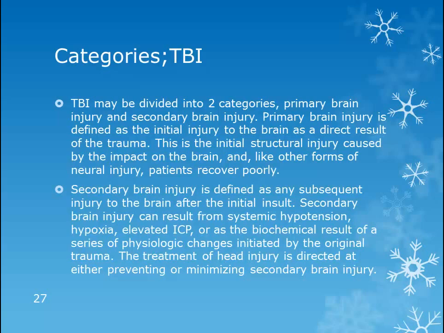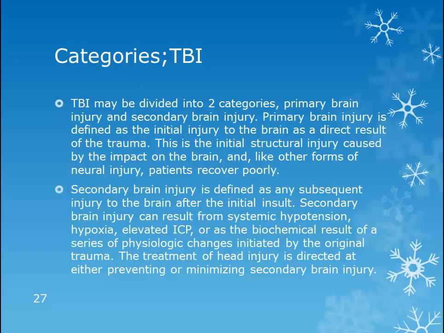Categories: traumatic brain injury. Traumatic brain injury may be divided into two categories: primary brain injury and secondary brain injury. Primary brain injury is defined as the initial injury to the brain as a direct result of the trauma. This is the initial structural injury caused by the impact on the brain, and like other forms of neural injury, patients recover poorly.